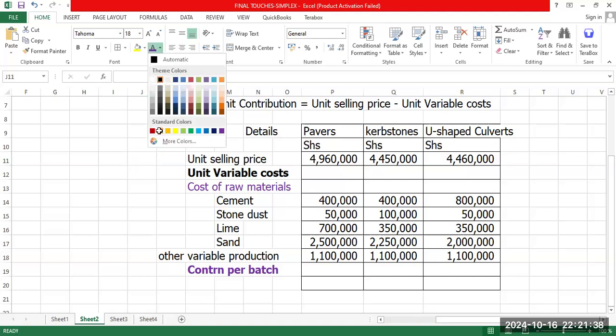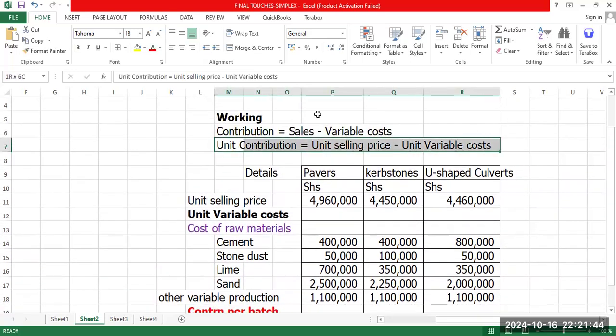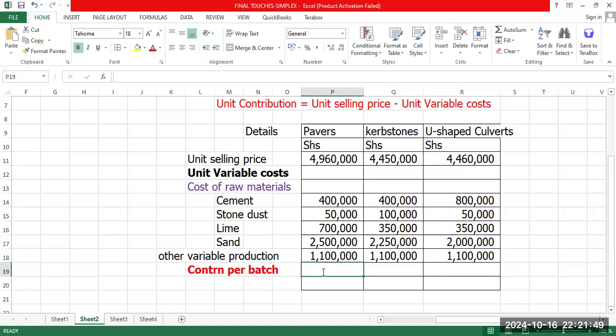How can we get it, colleagues? Remember, this is our formula. So in your books, it means that these values you get must be in a bracket.